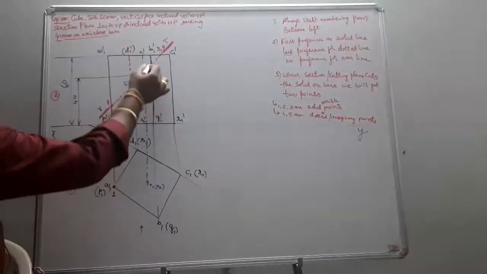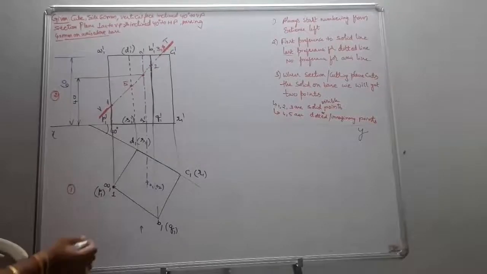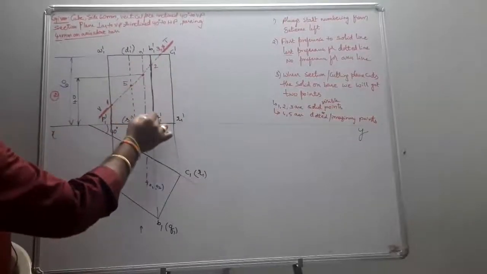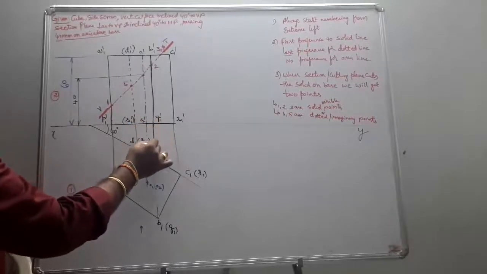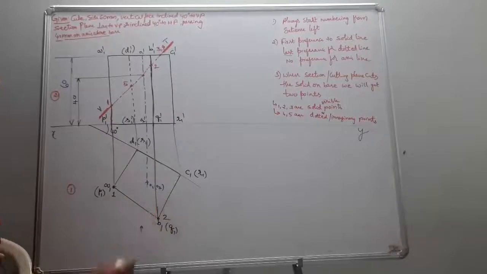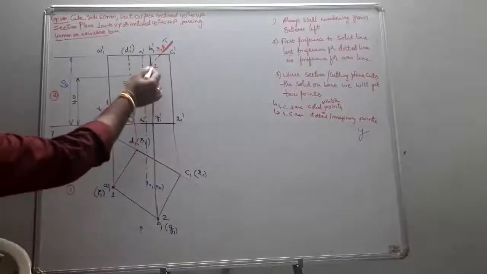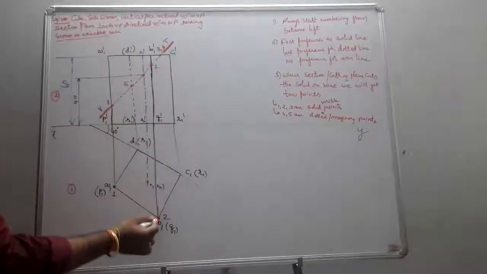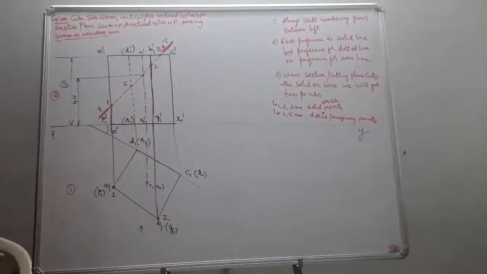Next, point 2 is obtained on BQ. So I project my point 2 here, and this becomes point 2. Why? Because 2 exists on BQ, so I projected it on BQ. Okay.